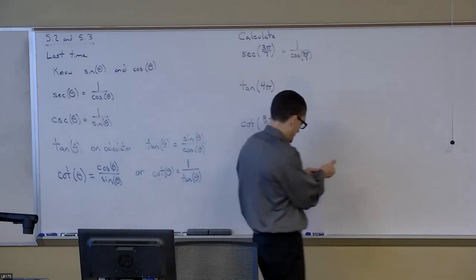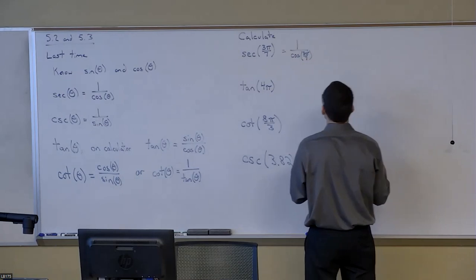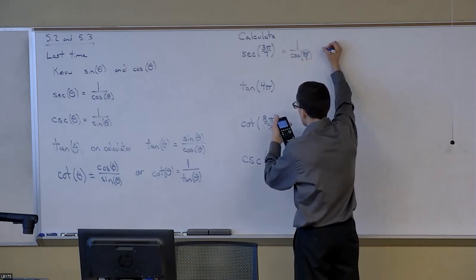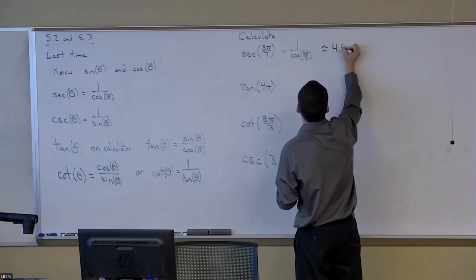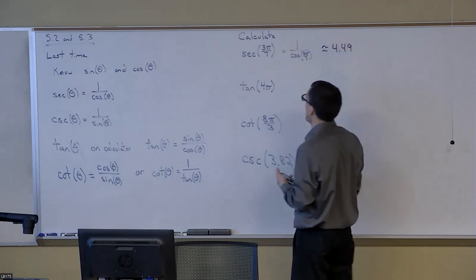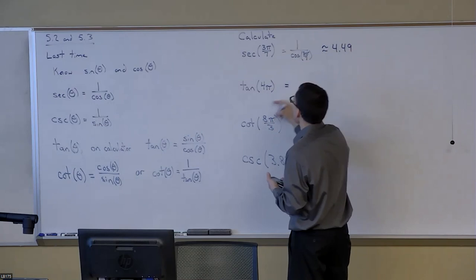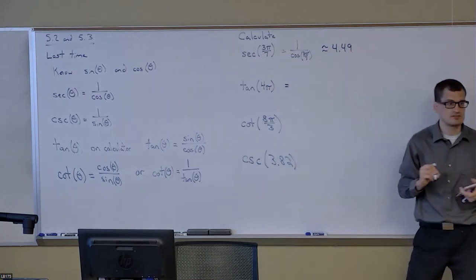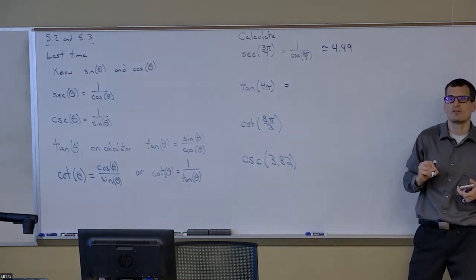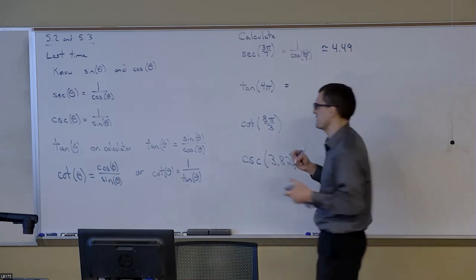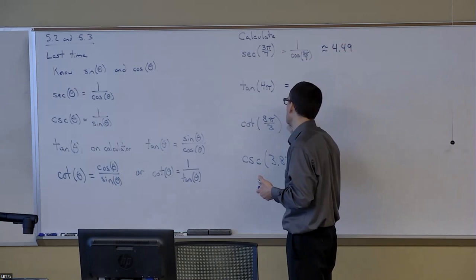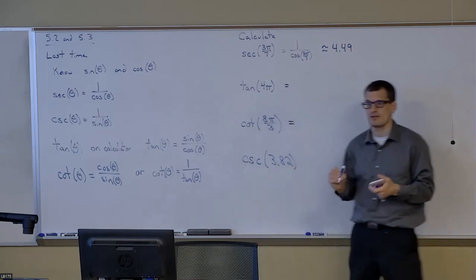And when you do that, you get about 4.49. I'm going to come back to the tangent one in just a minute, okay? I'm going to do the other two first. Tangent is something we can type into our calculator, but something funny happens in 4 pi, so that's why I want to put it off.